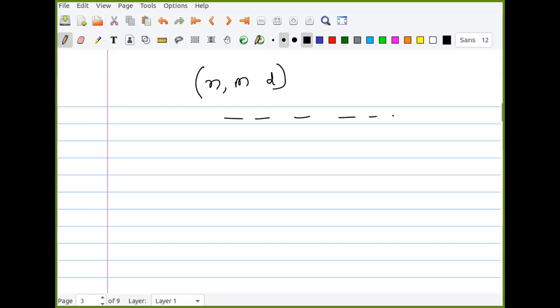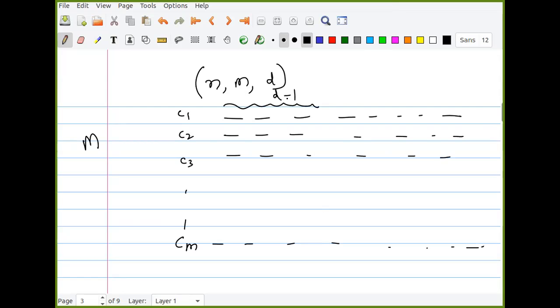I have n positions, code word one, code word two, code word three, like that, code word M. So M are there. Now the distance is d. I take the first d minus 1 positions and remove them. I have not removed any word at all, only the first positions. Still M vectors are there.